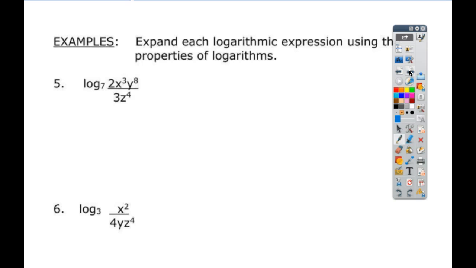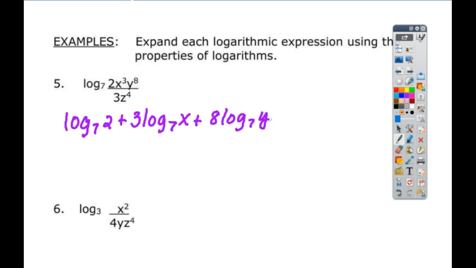These are all multiplies, so what do I do with those? Add. So I'm going to start over here. It's going to be long. Log base 7 of 2 plus, what do I do with the 3? 3 log base 7 of x plus 8 log base 7 of y.